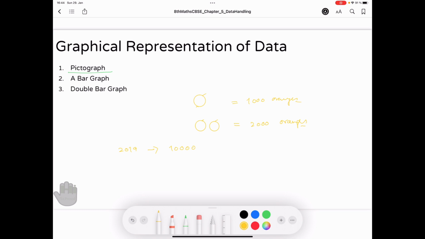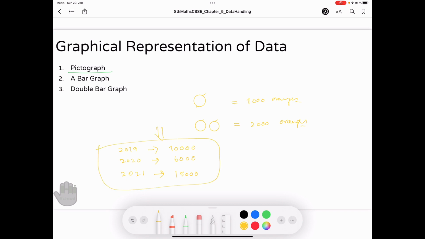In the year 2020 it was not a good season, so only 6,000 oranges came out of that farm. Again in the year 2021 there was a very good crop and I got 15,000 oranges from the same farm.